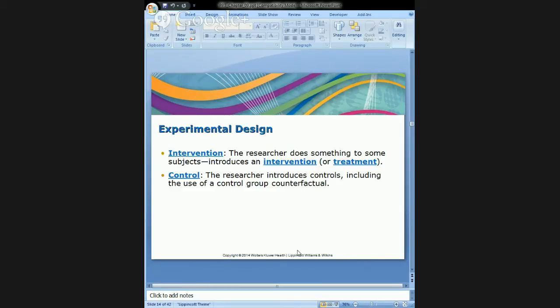We'll talk more about control groups here in a minute. They think about who they're going to include in their study. They think about the conditions that their study is done in so that interfering variables or confounding variables aren't introduced, and to show that the intervention actually does lead to the outcome and that there are no counterfactuals in place.